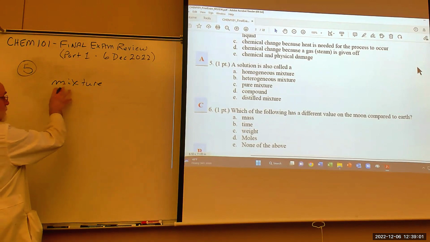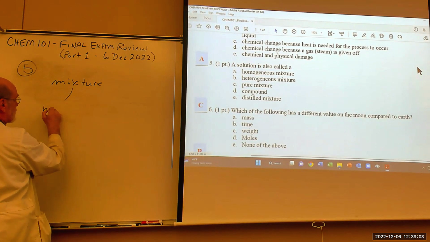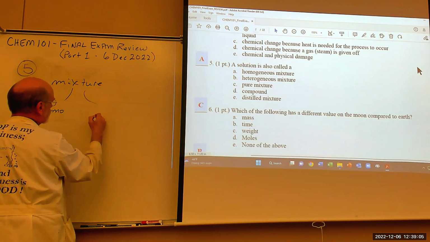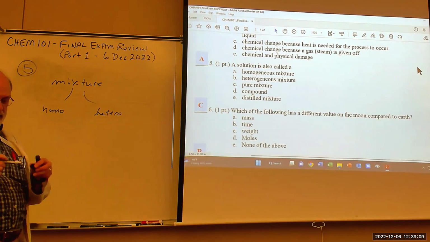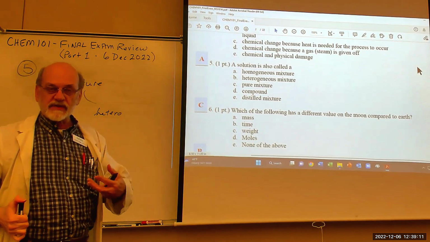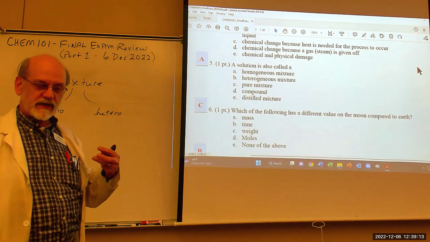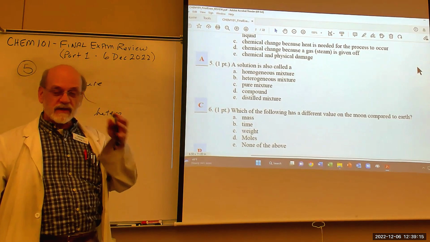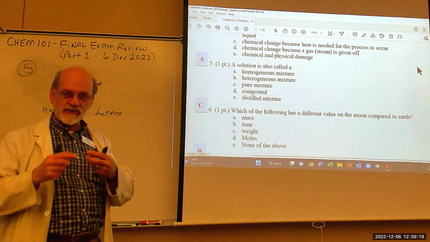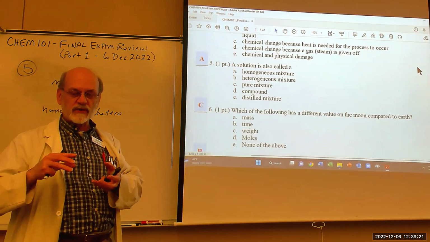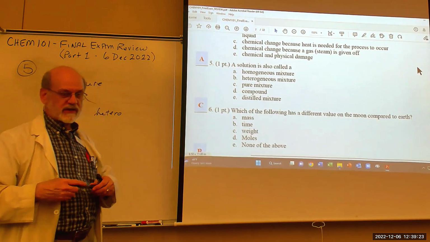So you can also subdivide these into either homogeneous or heterogeneous. And that has to do with the sampling composition. If you sample that mixture anywhere in the mixture, and every time you sample it, you get the same exact percent of each of your components, that is a homogeneous mixture.